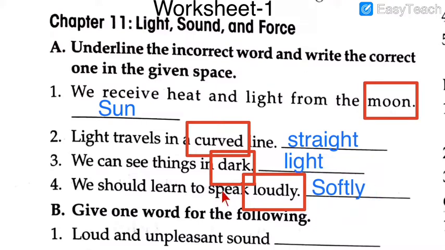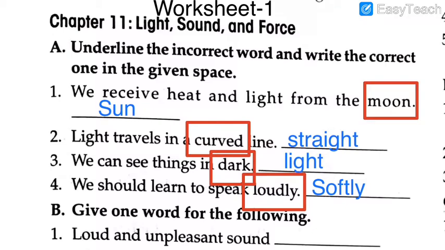When you are talking about how to speak, about a speech, it could be loud or soft. So we should learn to speak softly. In the class you shout a lot. Teachers say lower your voice or please speak softly. This is the reason why teachers say such things.